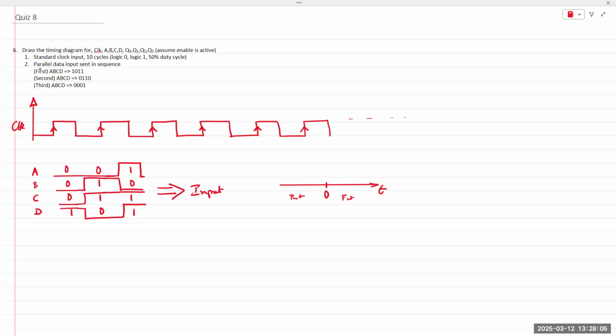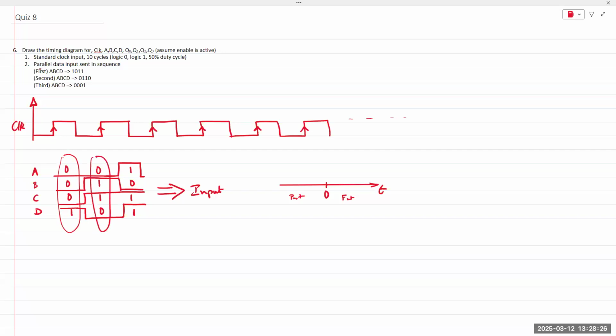I can say, starting from the left, this is the third input, third combination, right? 0, 0, 0, 1. So A is 0, B is 0, C is 0, D is 1. That's the third input. Then I'm going to draw the second one, which is 0, 1, 1, 0.